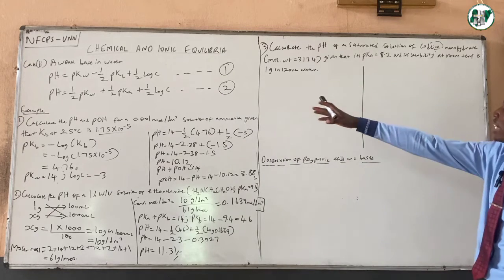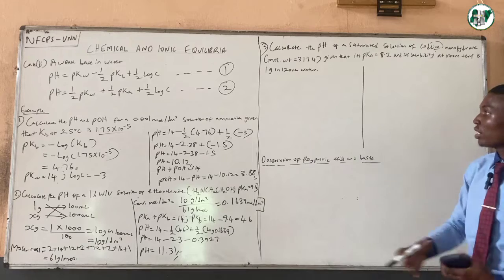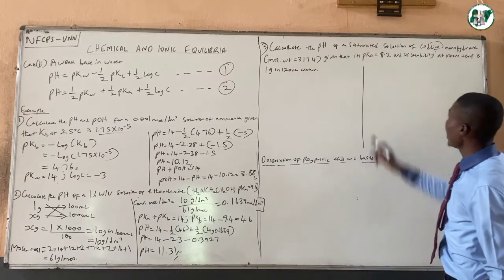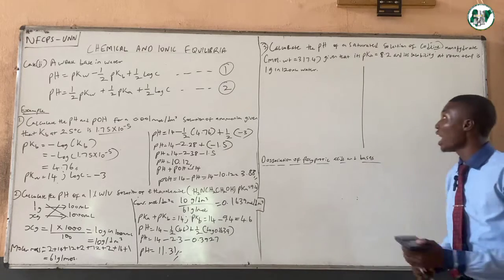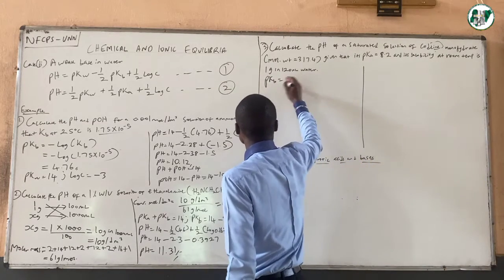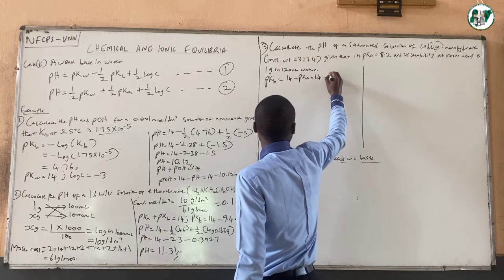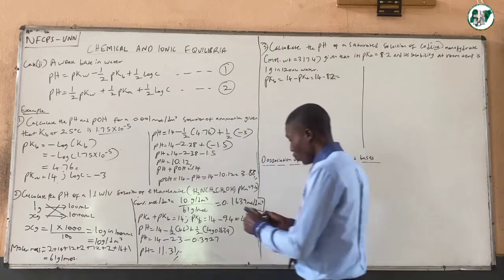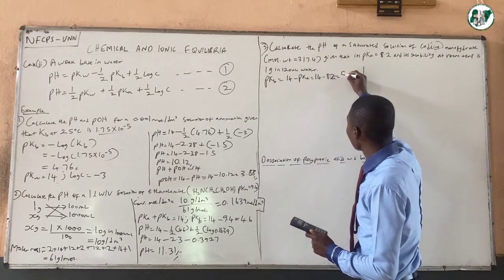The question already gave us what we need to calculate, which is the pH. We know our pKw is 14. Our pKb, we are given pKa as 8.2. So all we have to calculate for is the pKb. We know our pKb is equal to 14 minus pKa, which is 14 minus 8.2, and that's going to give us 5.8.